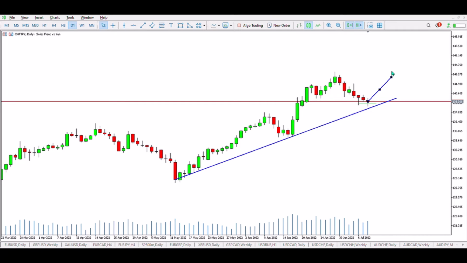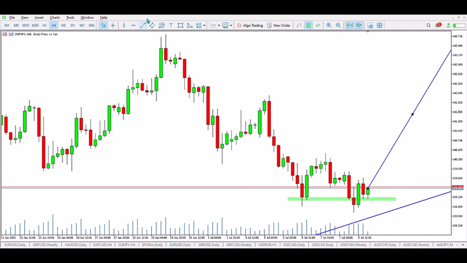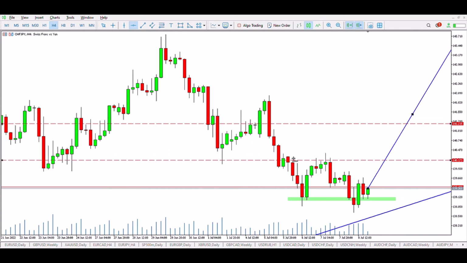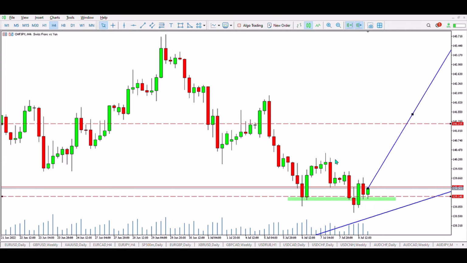We'll probably take first profit at these highs and then later at this high also. And that is for this pair, guys. This is a trade which I took: selling from somewhere here and taking profit somewhere here. It was a nice trade, even if it went a little bit negative, then it recovered fully.